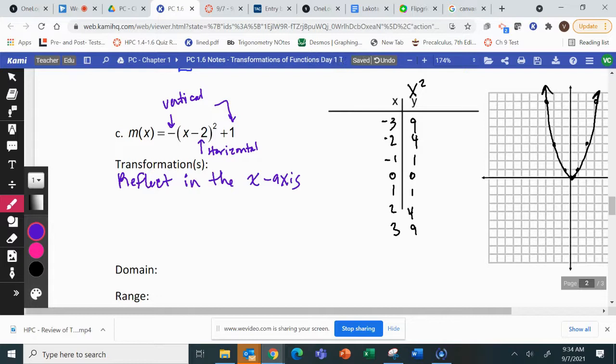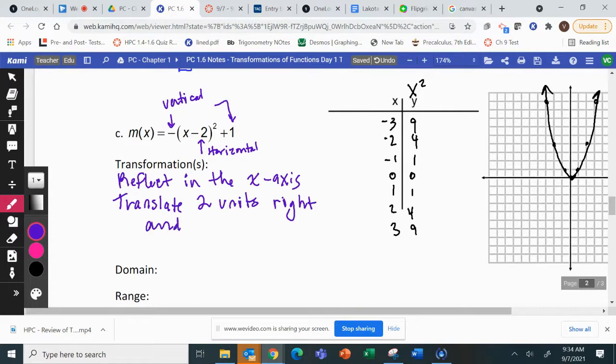Then that -2, it's on the inside. Liam, +2. So what direction? We're going to translate. What'd you say? To the right 2. Yeah. Translate 2 units right.